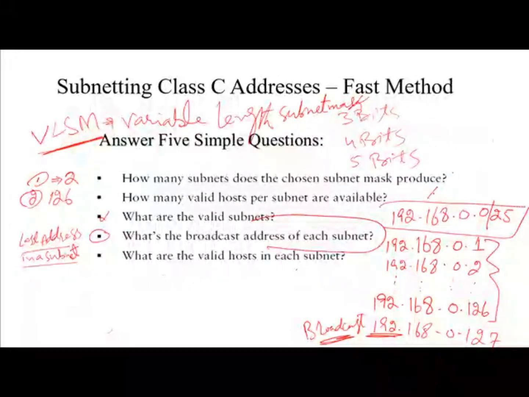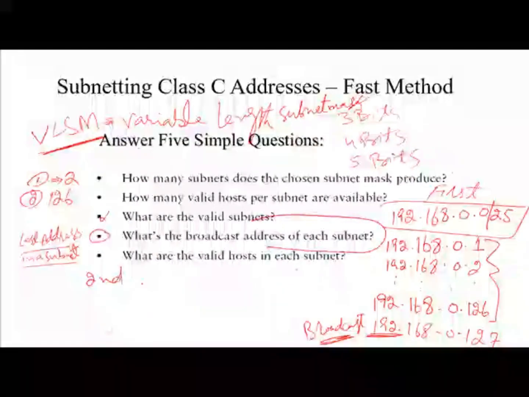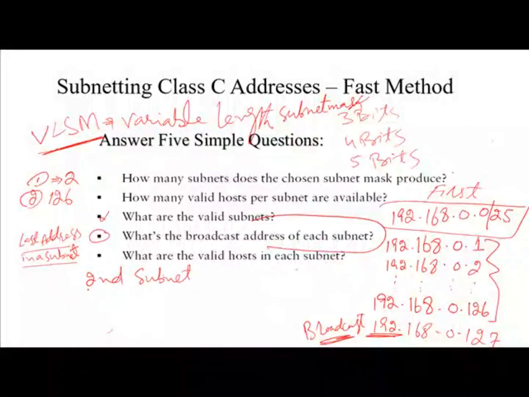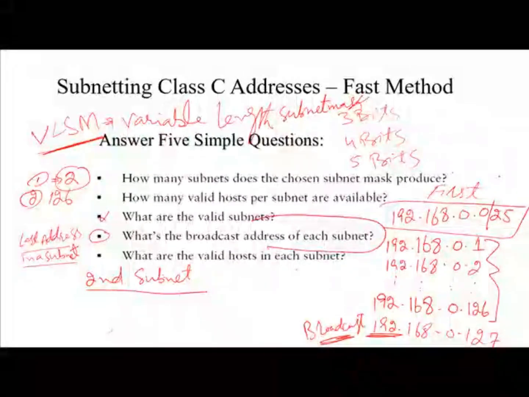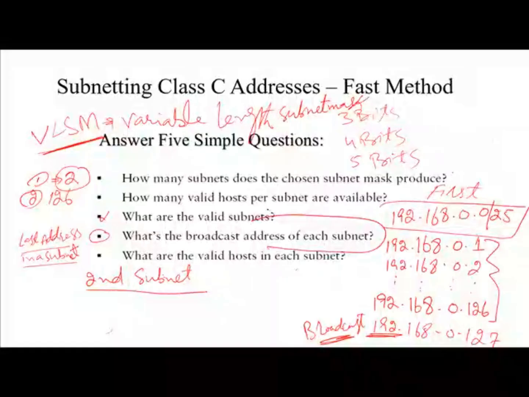Now you need to calculate the second subnet. As we know, we can create two subnets, and the first subnet is done. Now you need to write down the second subnet. From which address will we start?